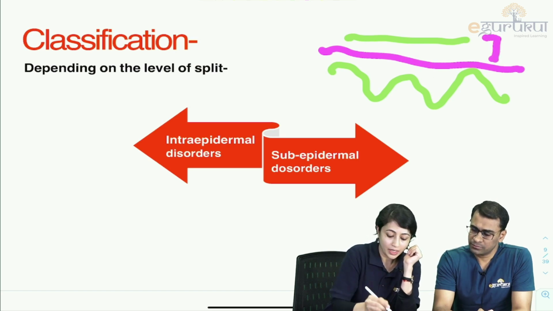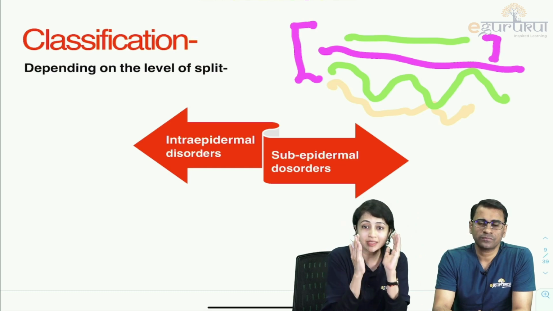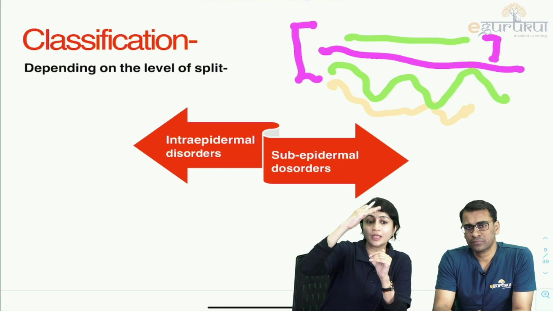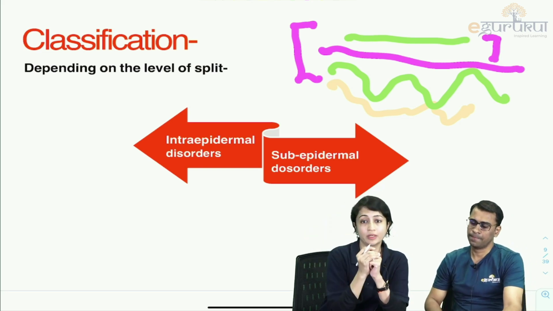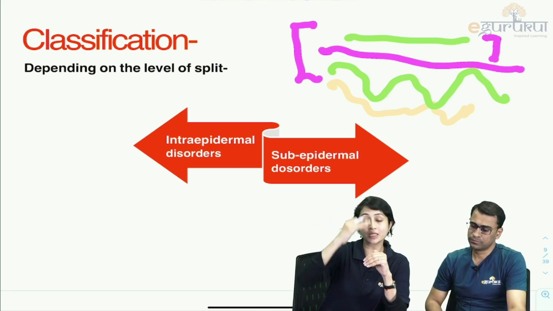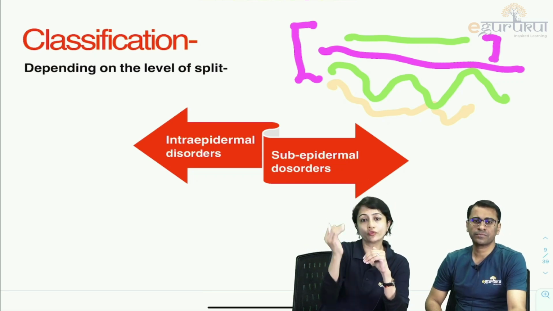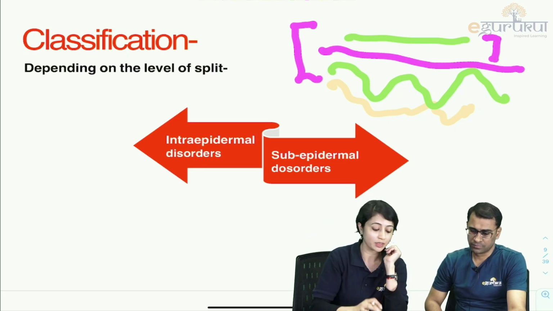Whereas if I have a split here, the roof of the blister is this whole epidermis. So in an intraepidermal blister, I have a roof which is a little thinner, only a little part of the epidermis. Whereas if my split is below the epidermis, in a subepidermal disorder, the roof of the bulla is the whole of the epidermis. Okay, with this basic thing in mind.